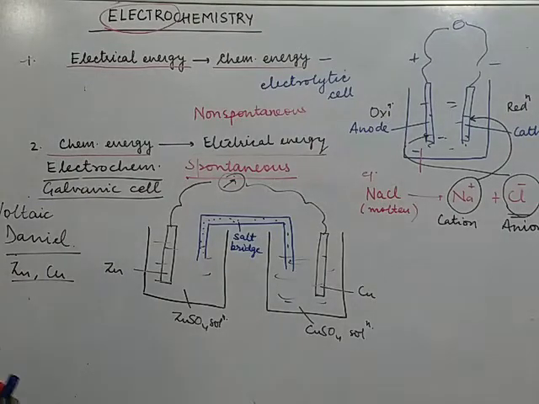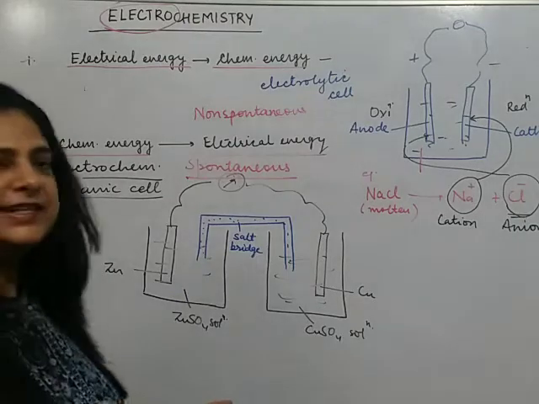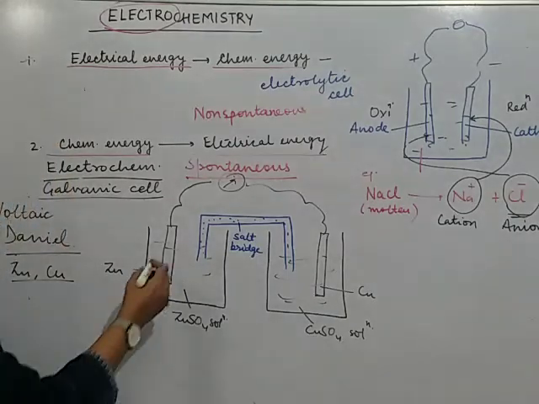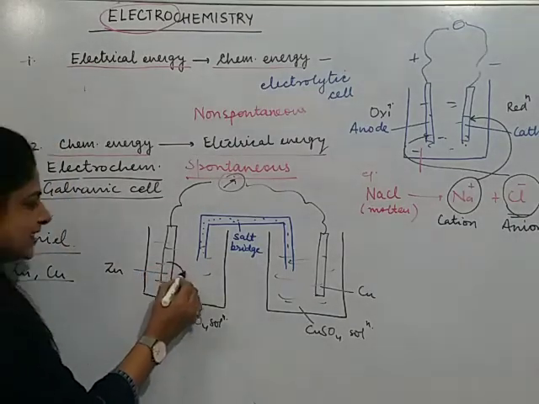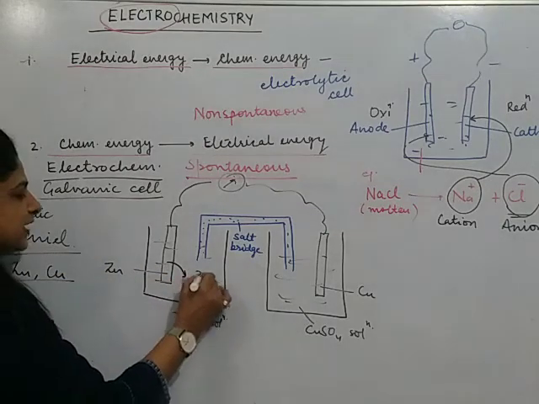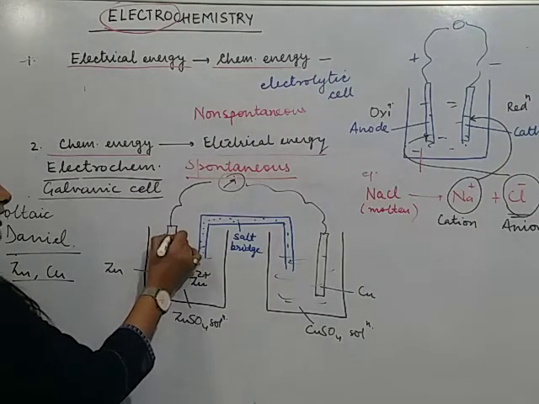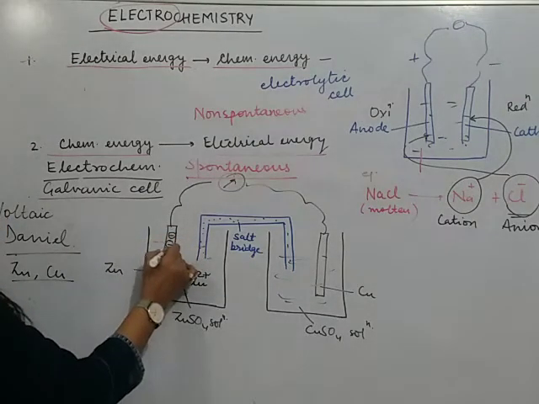Let's see what we observe. We observe that zinc from the zinc rod starts getting converted to zinc ion, leaving behind its electrons on the rod.